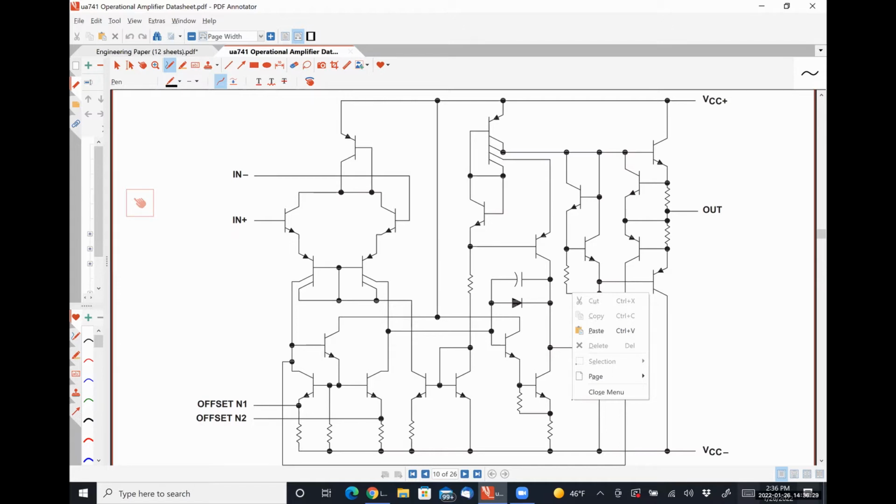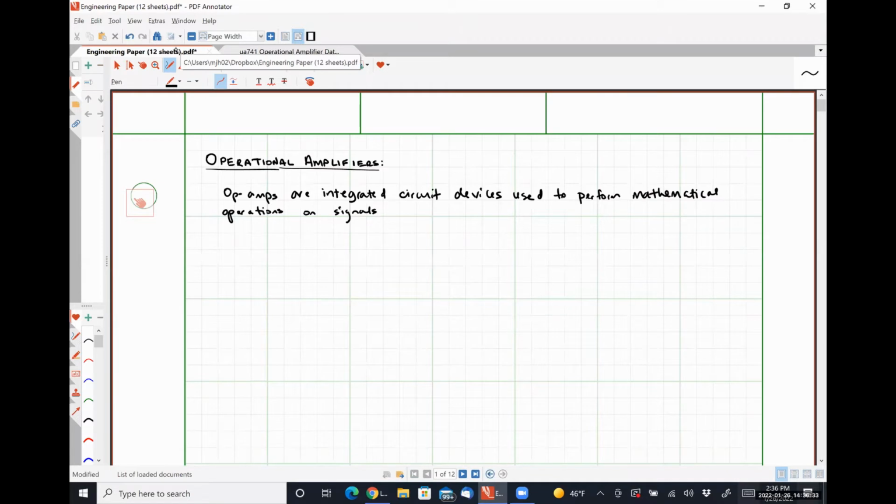Okay? So the schematic representation of that op-amp, instead of being that terrifyingly huge circuit, is just this. We have a triangle, which is the generic representation of any amplifier.